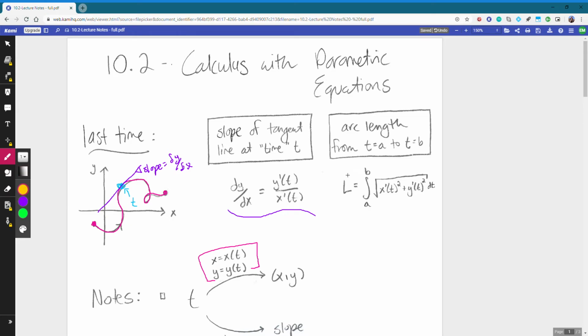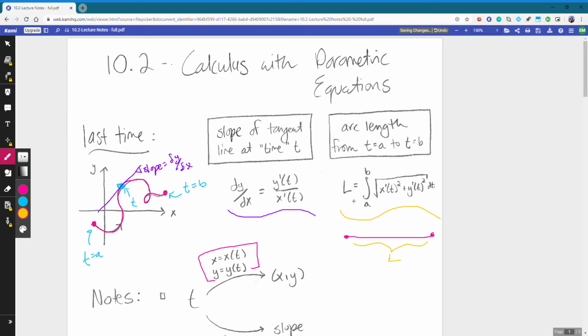Over here on the right, we have our arc length formula. And so the idea here is, well, if we start at time A and let our parameter move about and then stop the movie at time B, then we trace out this kind of string, it looks like, and the arc length formula wants to take that string and just lay it out flat and ask, hey, what's the length of this curve?